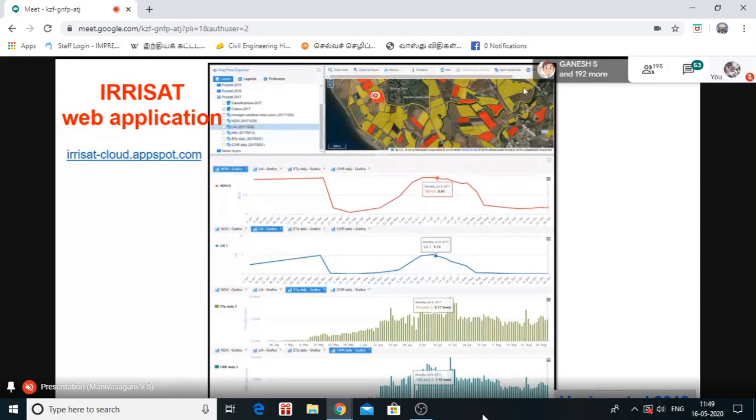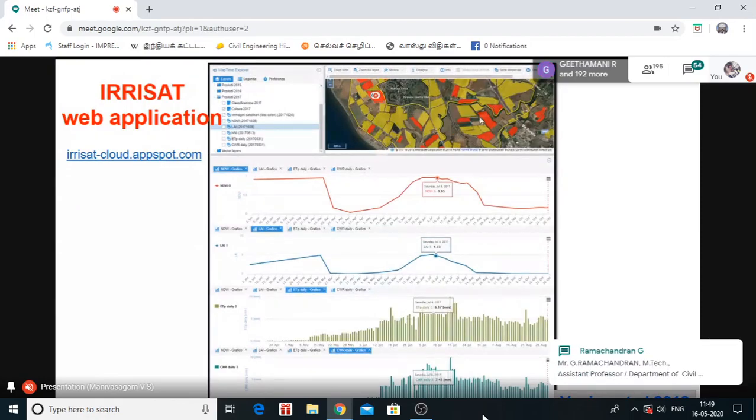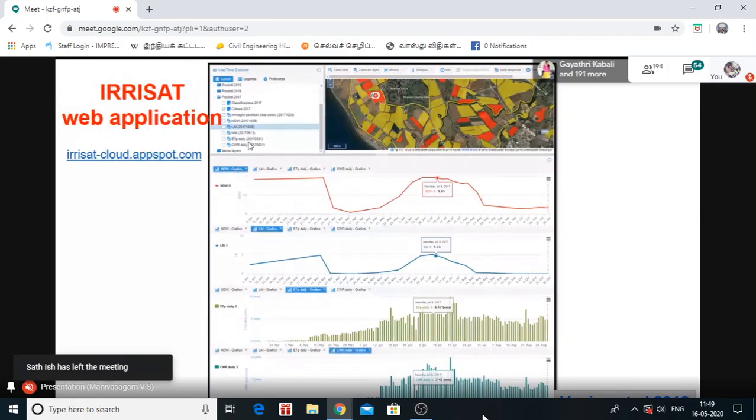Here I have given the example of Iris web applications. What they are doing is taking images from the field on a continuous basis, accessing the weather information from the nearest meteorological station, and calculating the spectral indices on a daily basis.